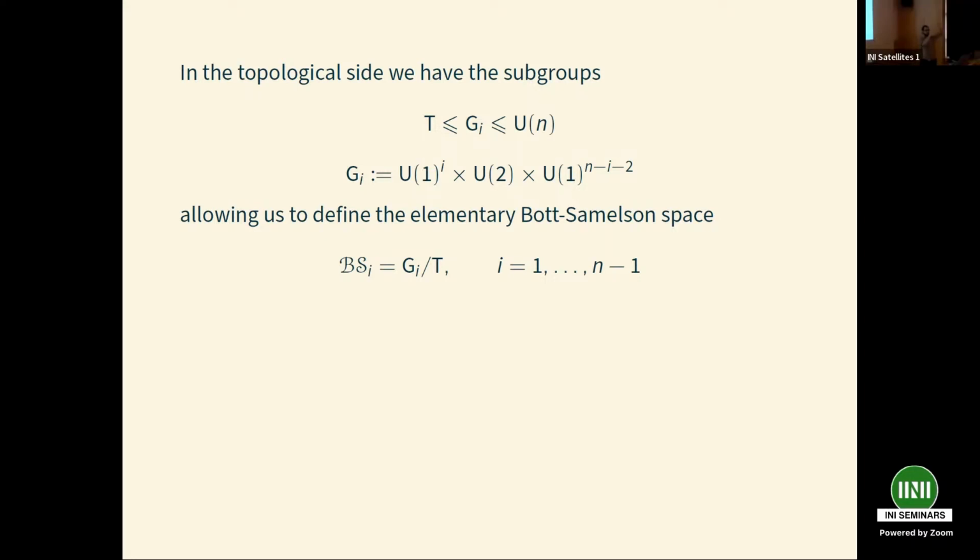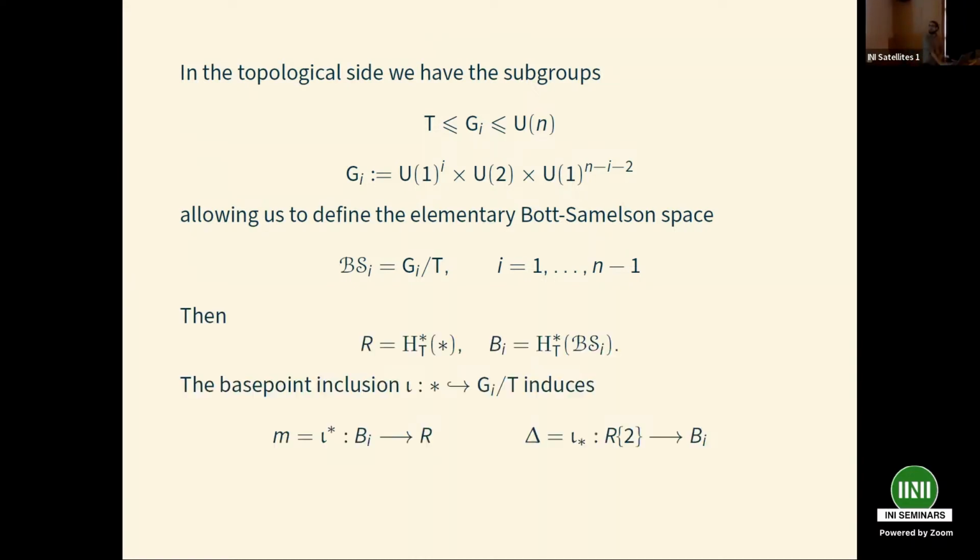G_i is almost diagonal matrices, except that you have a 2x2 block, so you have n-1 such things. You can again define an elementary Bott-Samelson space by modding G_i by T, and it still happens again. The coefficients are the polynomial ring. The equivariant cohomology is the elementary bimodule.